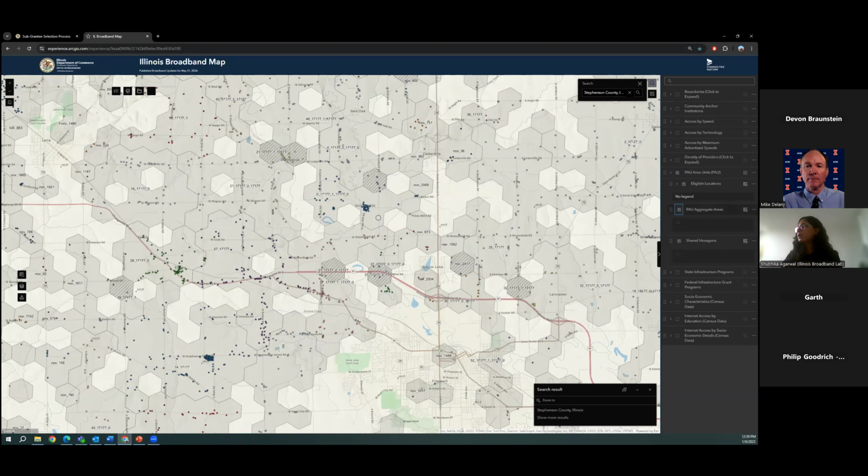And again, similarly here, clicking on the polygon would give you all of this information about the PAU, and clicking on a location would give you the location specific information. You could toggle between the location and the PAU to get some additional information.